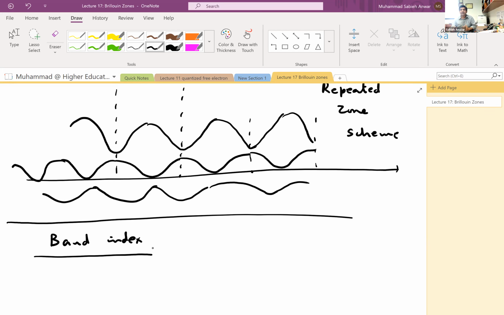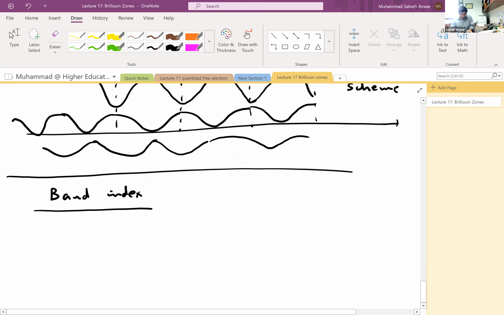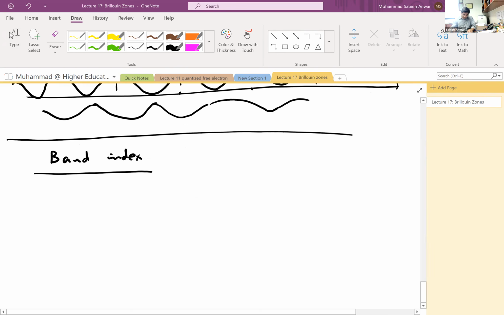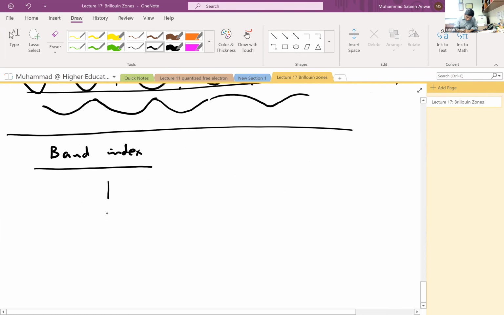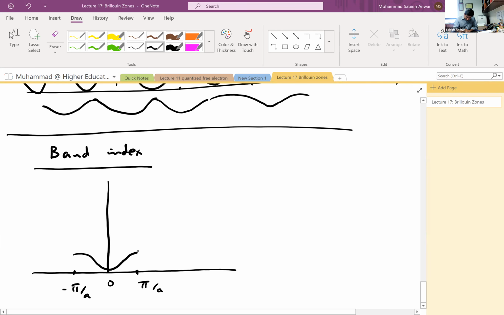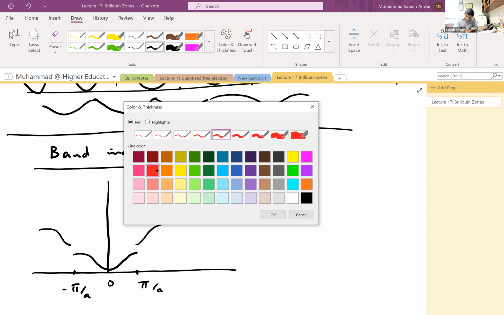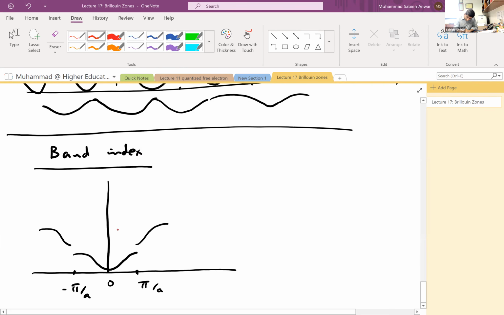But band index. Let me talk a little bit about band index. You see, if I were to draw the reduced zone scheme, my zone boundaries are pi by a and minus pi by a, with 0 in the middle. This is my lowest band, and I know that the higher band, if I bring this back into the first Brillouin zone, I'll get this.